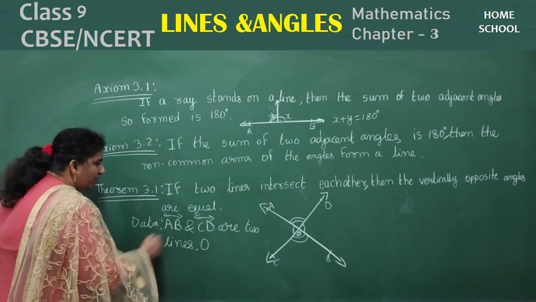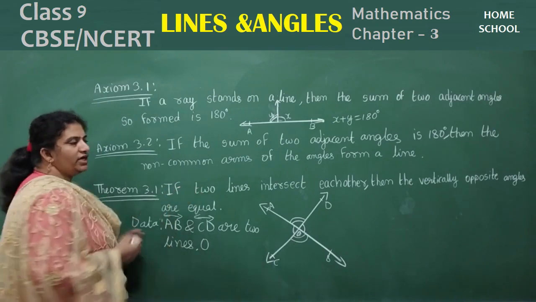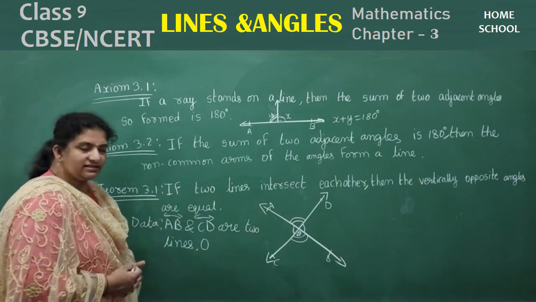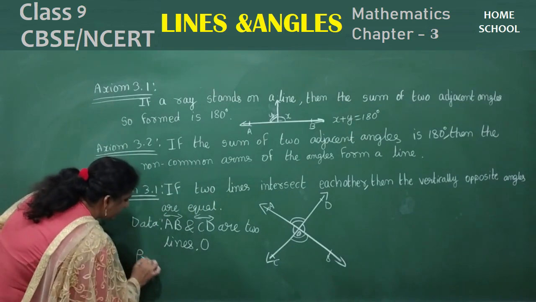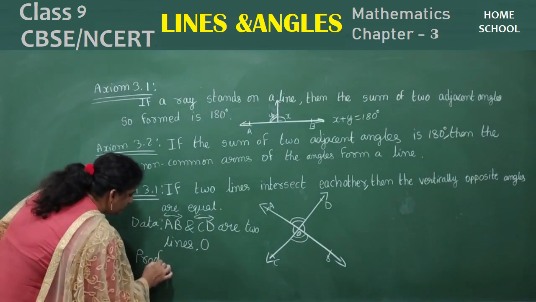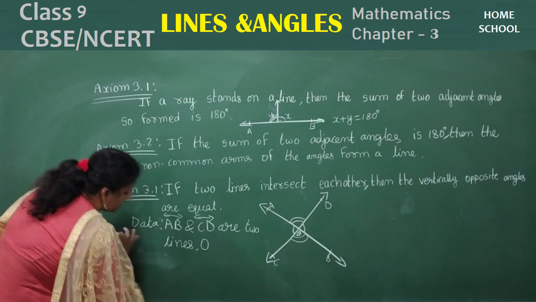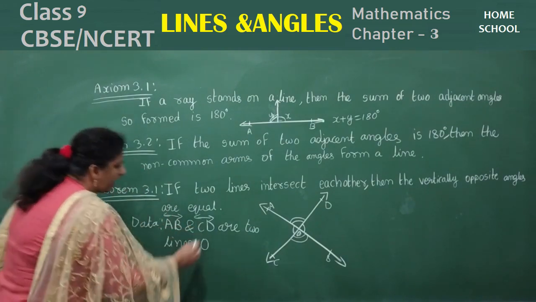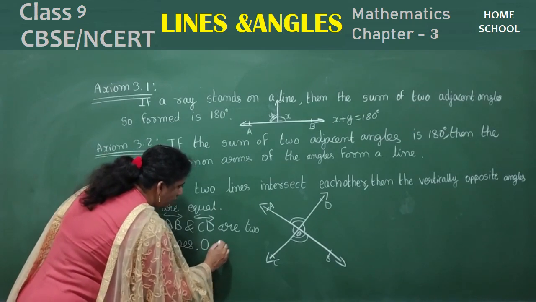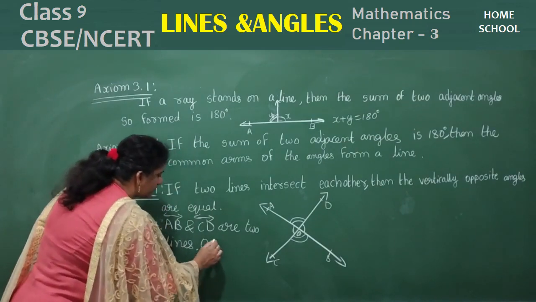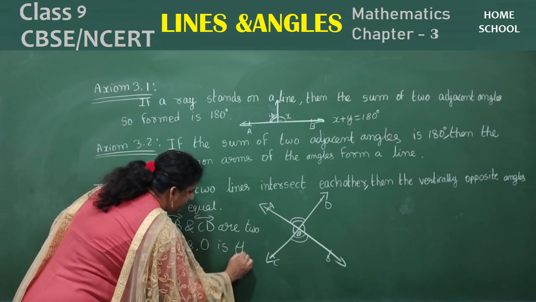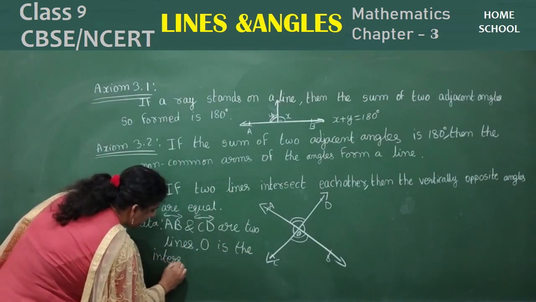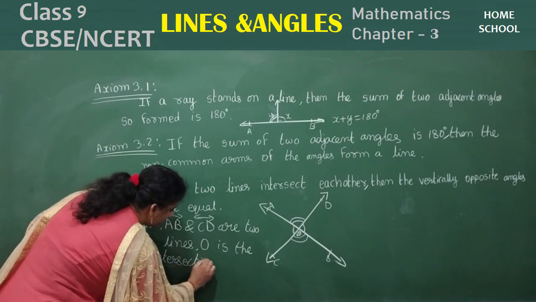So next, what do we need to prove? What do we need to prove here, children? The vertically opposite angles are equal. What is the proof? O is the point where the lines intersect.